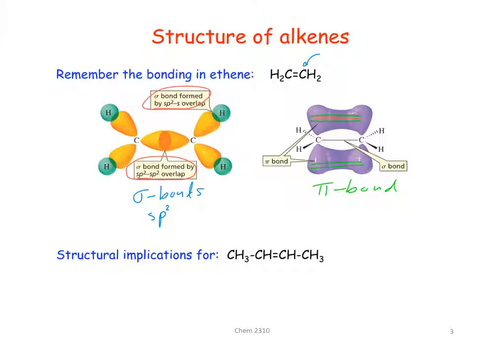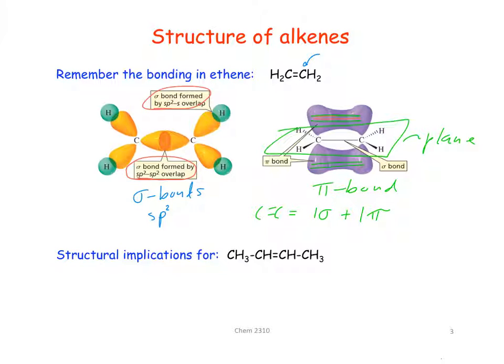That puts the 4 hydrogens and carbons all in one plane. So this is a plane right here. So remember from this then that a carbon-carbon double bond equals 1 sigma bond plus 1 pi bond.